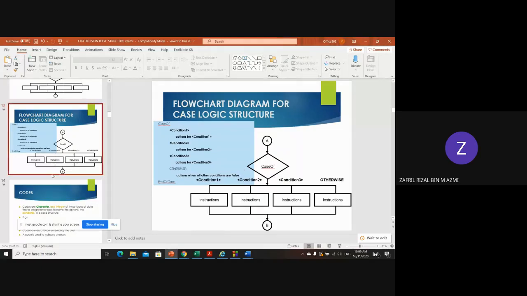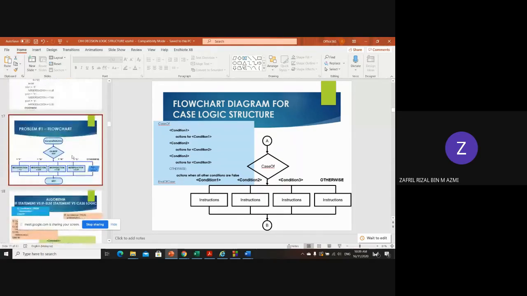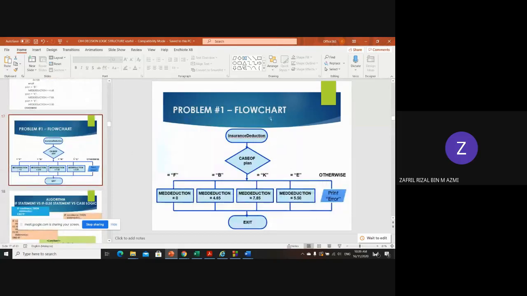So this is just a simple conversion. Let's say you were asked to come up with the same meaning flowchart, but using if and else.